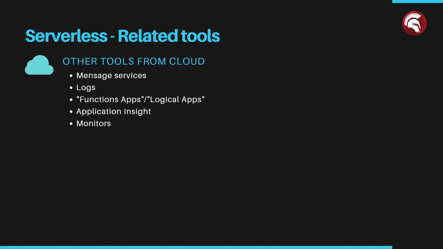You can have function apps or logic apps, as you choose to call them, but you can isolate your functions and call them all through a web interface that many cloud providers allow you to create.